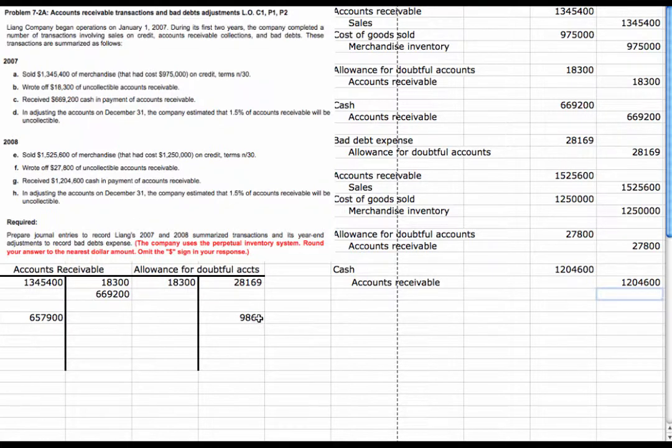So what I can do is go look at my entries that I've made and post those up, and then I'm going to increase my accounts receivable balance by 1,525,600. Then the next entry over here, we're going to recognize the write-off. We're going to reduce the allowance by 27,800. Then here we receive the cash, so we're going to reduce the accounts receivable balance by 1,204,600.